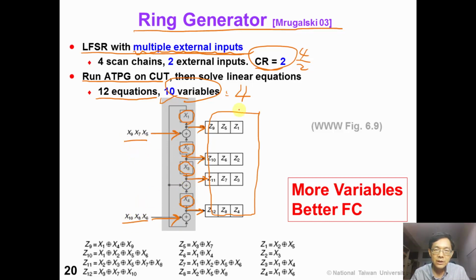Also, we have 6 external inputs. So, in conclusion, the ring generator introduced more free variables, so the probability of solving the linear equation system is higher, so the fault coverage can be improved.